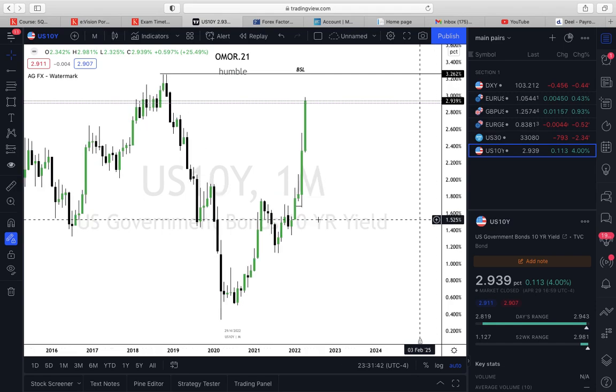If the US 10-year is reaching for a liquidity pool, which liquidity pool is it reaching for? This buy side liquidity. We have to consider this rejection block and the order block. But right now, what is the US 10-year reaching for? Buy side liquidity, in my opinion.